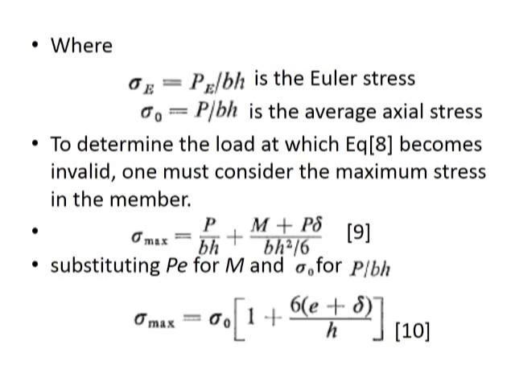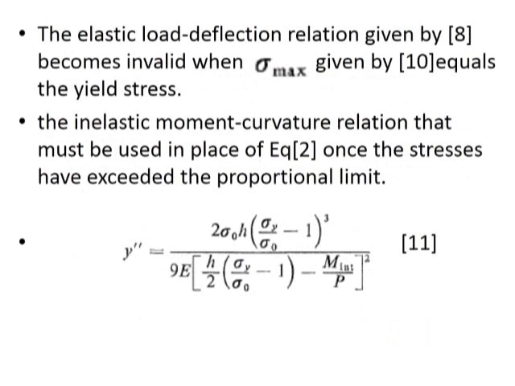Substituting the values of e for M and sigma naught for P divided by breadth into height, we get the equation sigma max is equal to sigma naught into 1 plus 6 times (e plus delta) divided by h. The elastic load deflection relation given by equation 8 becomes invalid when sigma max, given by equation 10, equals the yield stress.